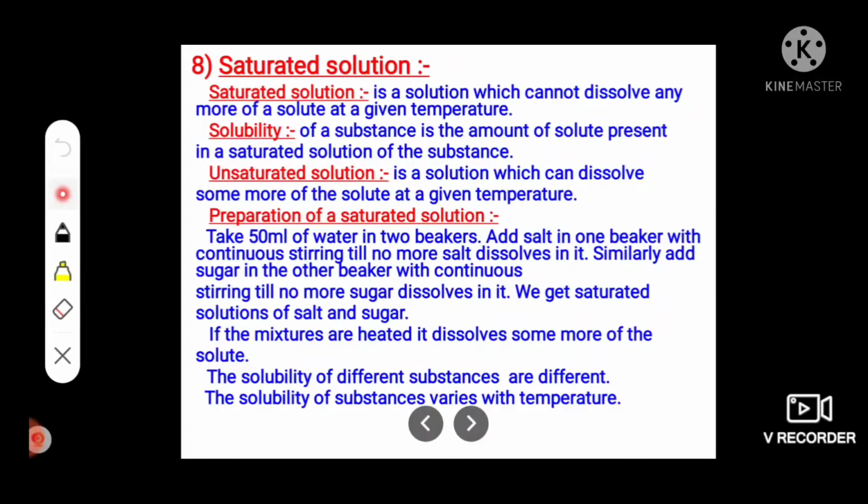That is a saturated solution. If the mixtures are heated, they dissolve some more of the solute. The solubility of different substances is different, and the solubility of a substance varies with temperature.